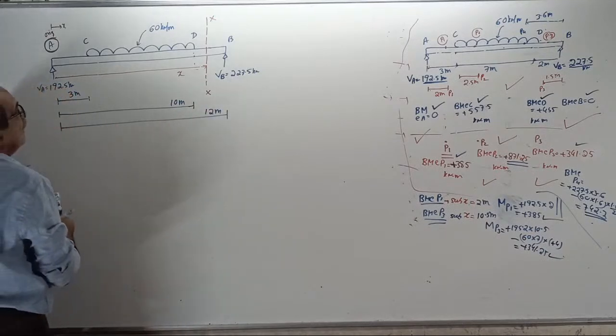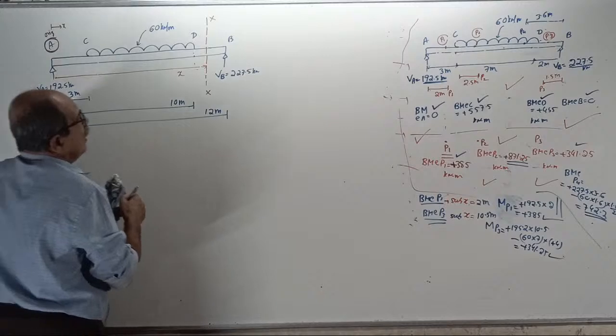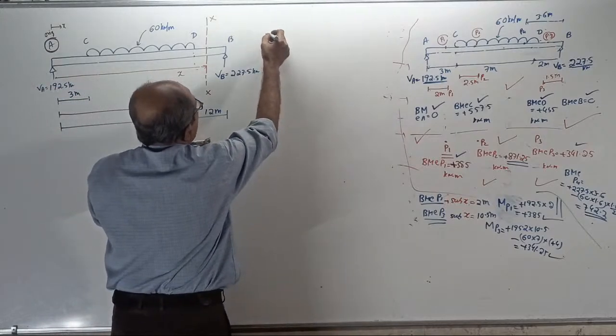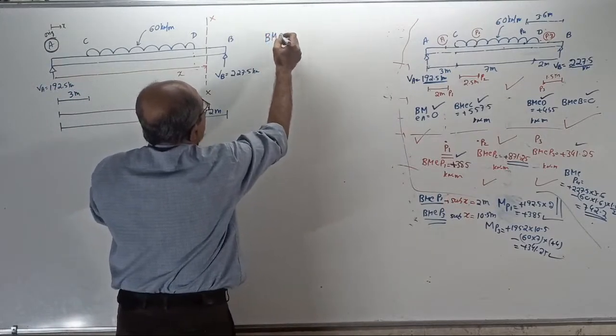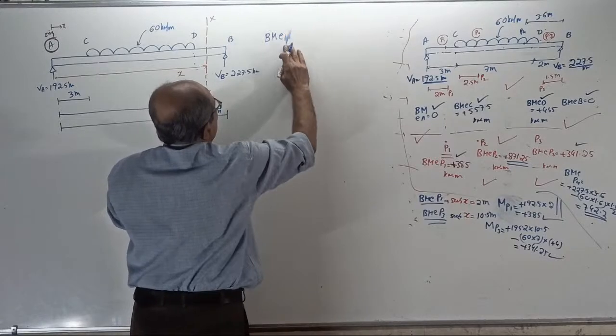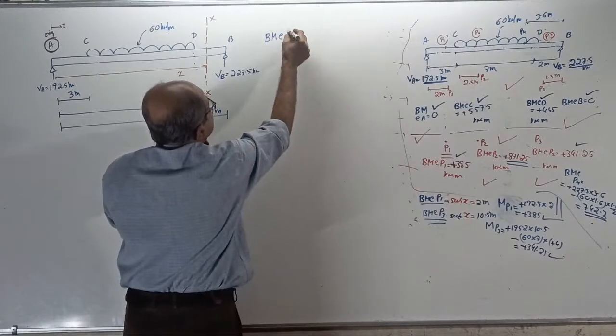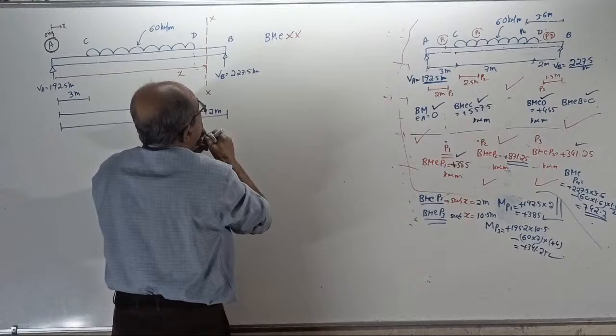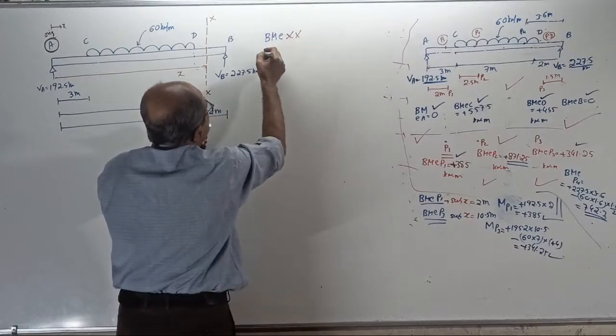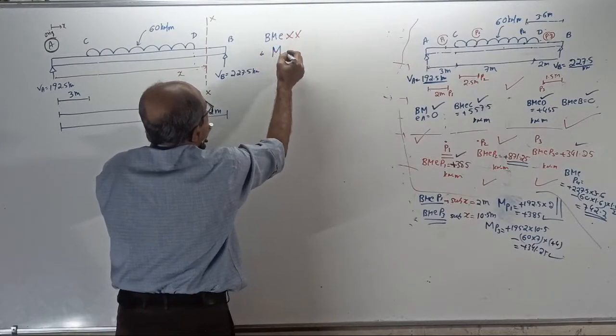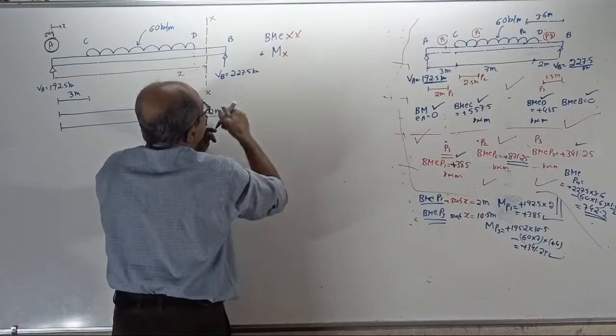Now, write the equation for what? Equation for bending moment at section XX. Bending moment at XX, that is called MX, sagging positive.